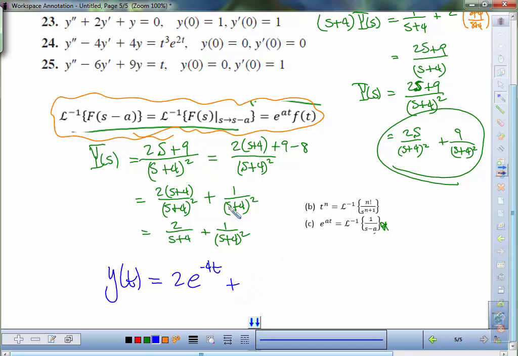Now the second term is a little bit tricky, and this is where the translation happens. For the second term, you have to imagine that this kind of looks like 1 over s squared if you imagine this translation from s to s plus 4, or vice versa.